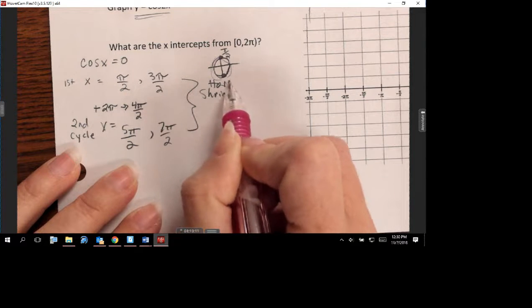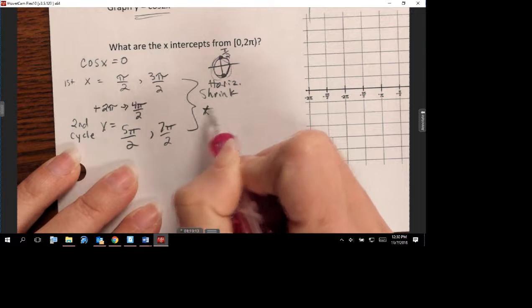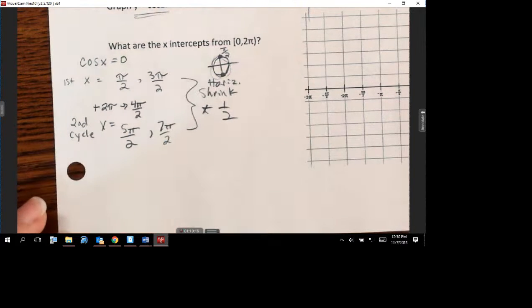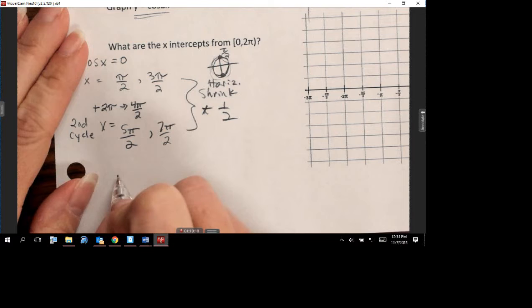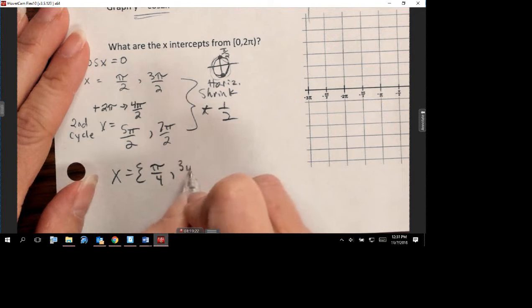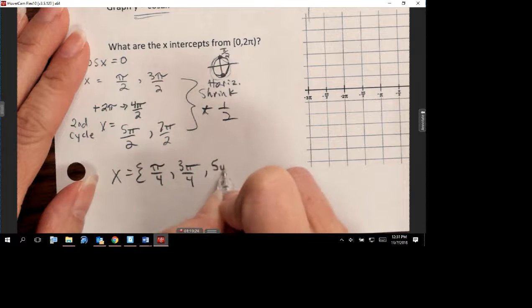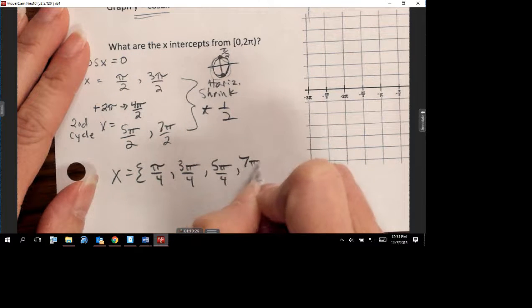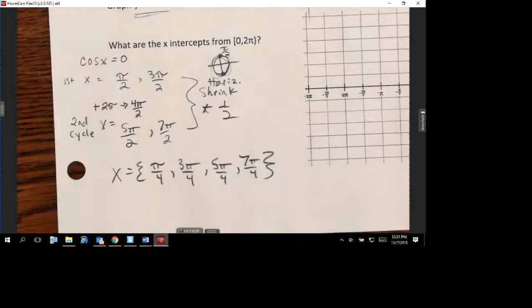You're going to multiply by a half. All of your answers multiply by half. So we will have pi over 4, 3 pi over 4, 5 pi over 4, 7 pi over 4. And that's what we just touched on the graph when we looked at it.